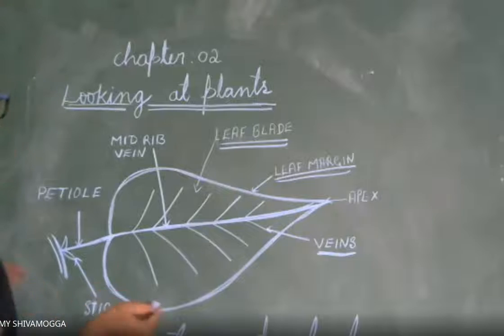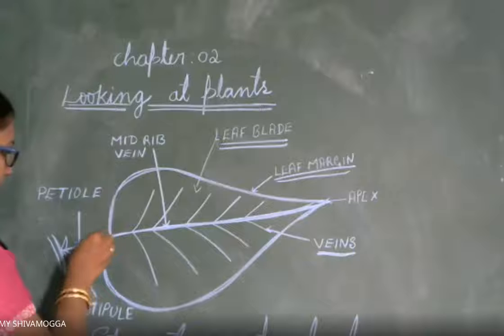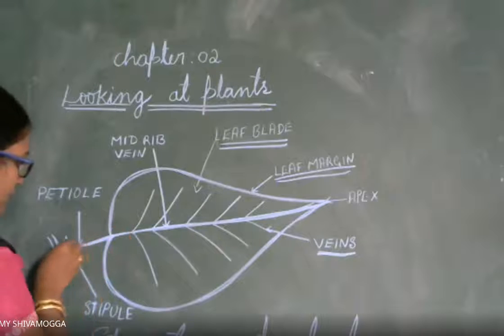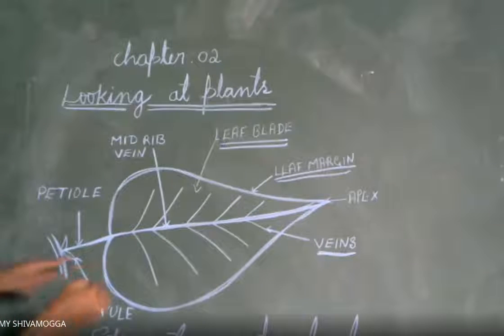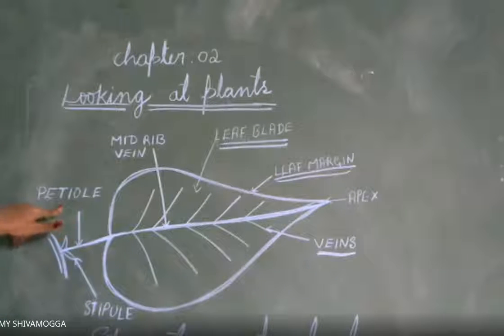Okay, see here. This is the midrib vein. The small part that is attached to the leaf is called petiole, P-E-T-I-O-L-E.